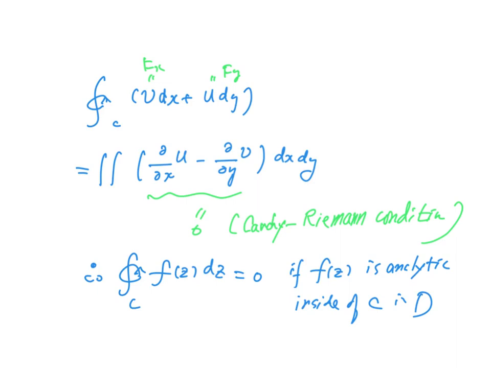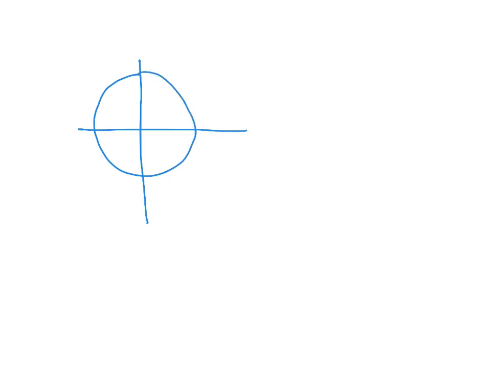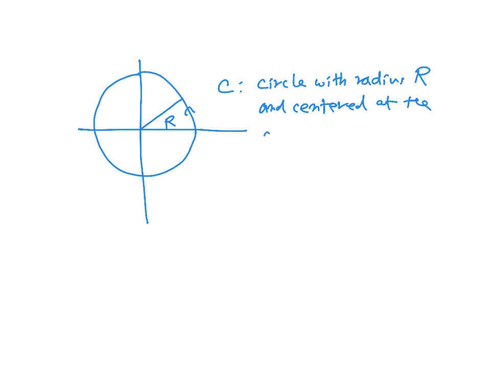So let's consider a counterexample. When f(z) is not analytic, what happens? Say C is a circle centered at the origin.